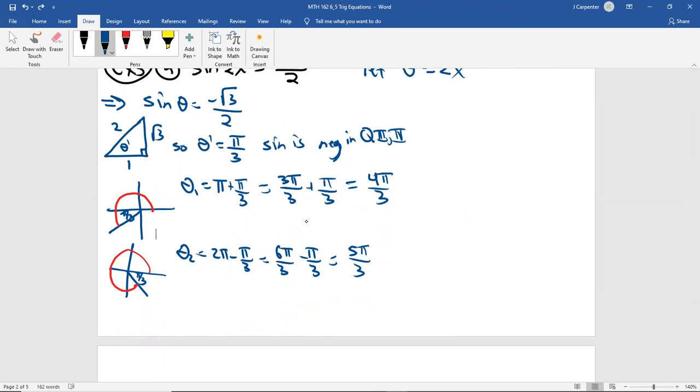Putting all of that together, our theta solutions are 4 pi over 3 plus, since sine has a period of 2 pi, 2n pi, or it can be the 5 pi over 3 plus the 2n pi.